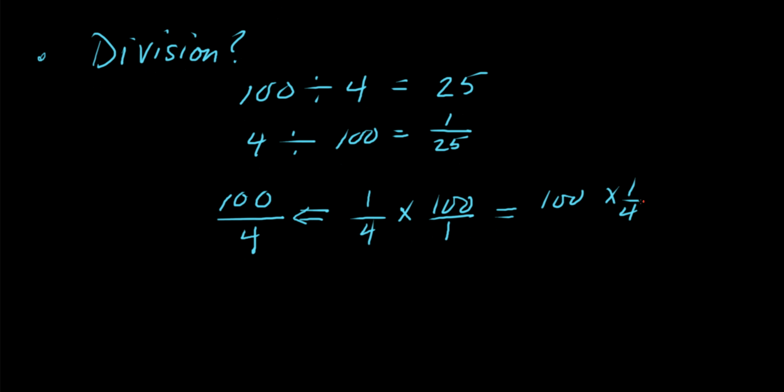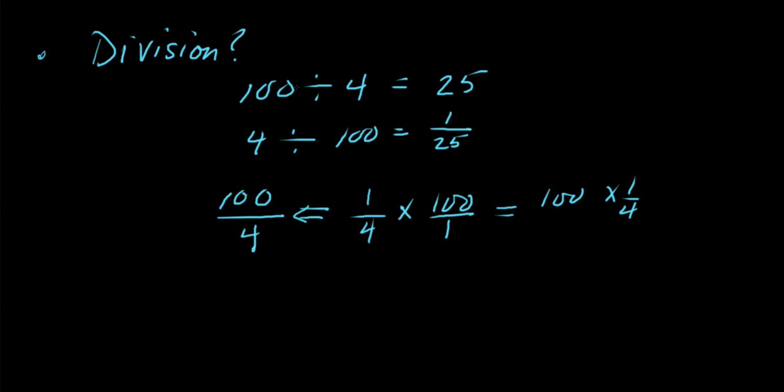But we'll see why it doesn't work for division the way we tried it up here. Because if you have 4 divided by 100, well, these are inherently just totally different problems or totally different values. Because this right here is 1 over 100 times 4.